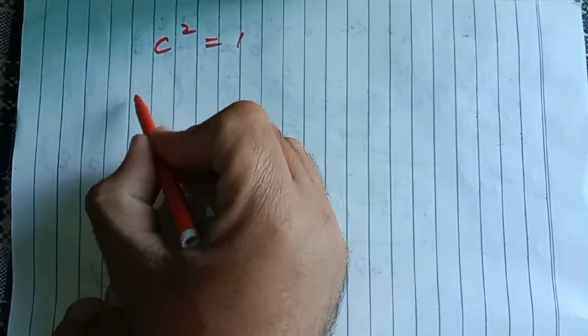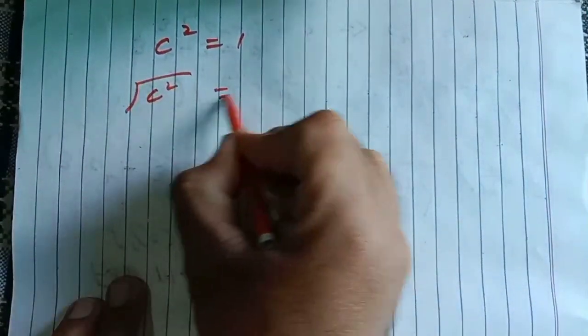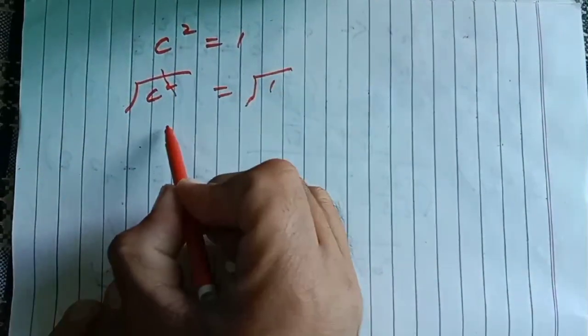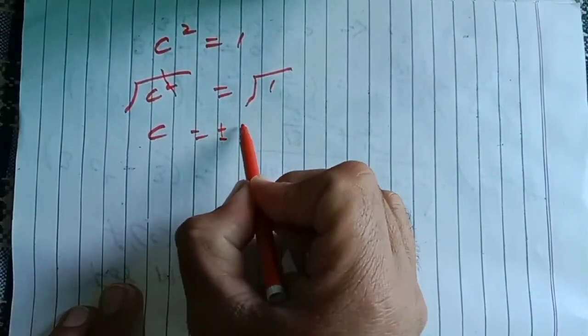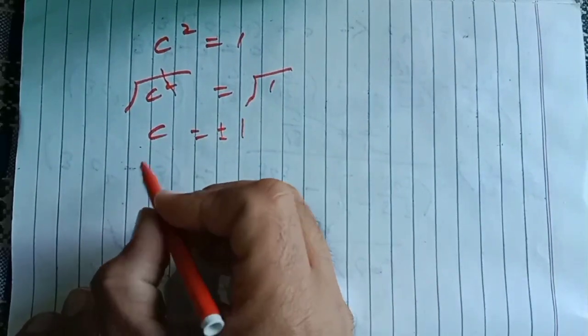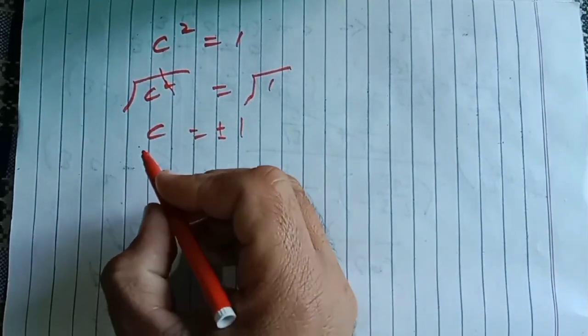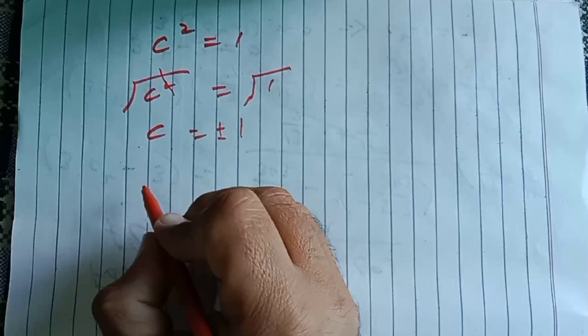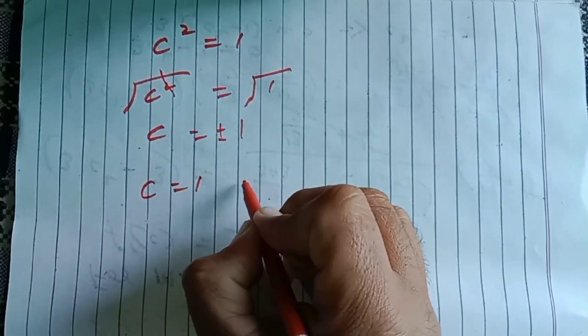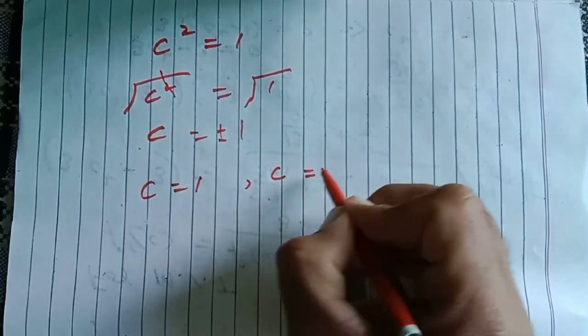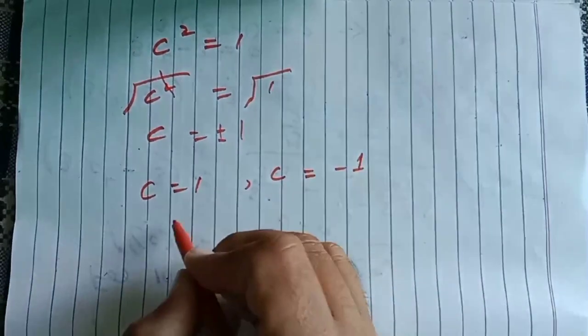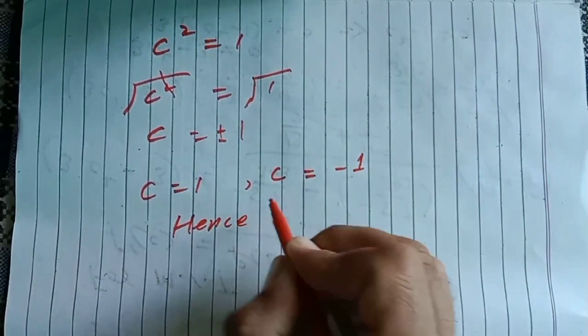Taking square root on both sides, c = plus 1 or minus 1. Hence the mean value theorem is satisfied, and c = 1 and c = -1. Hence mean value theorem is satisfied.